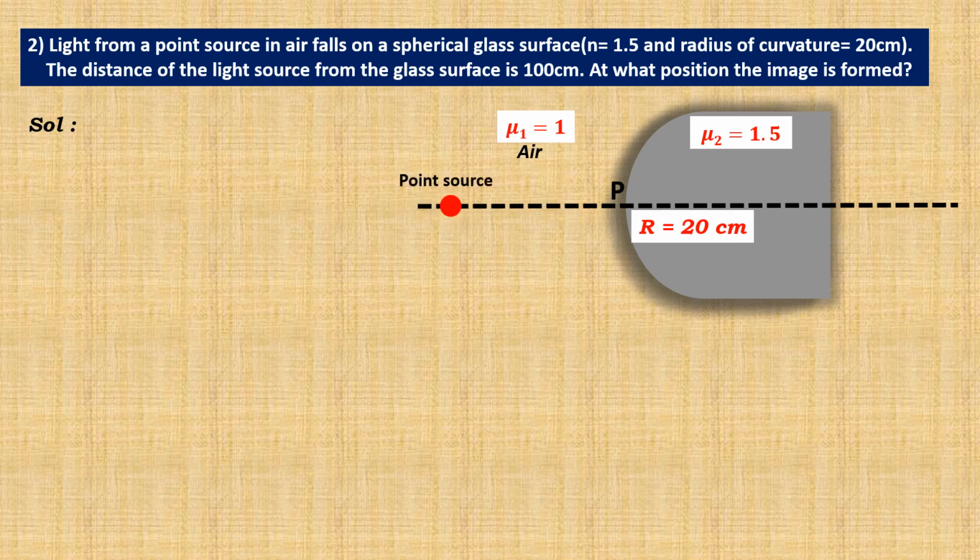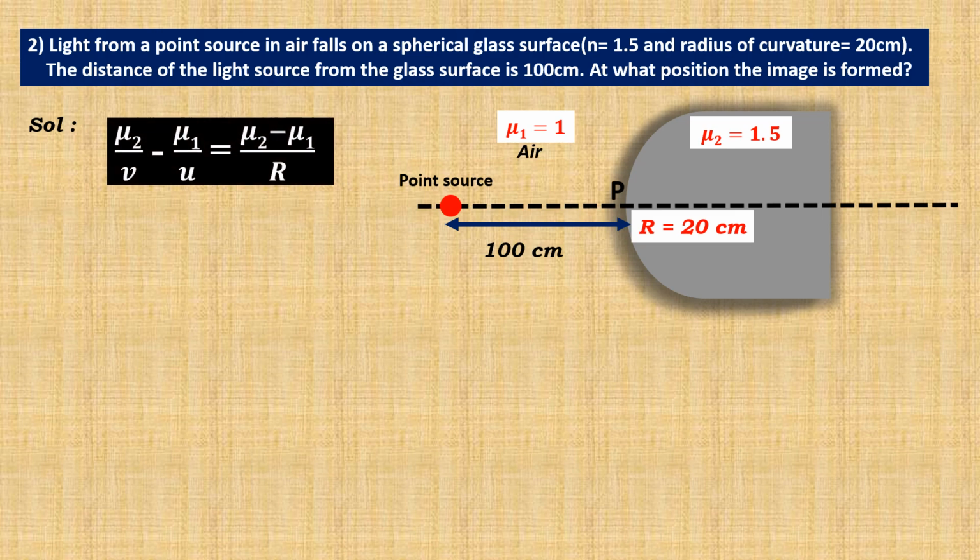This is the point source, and the distance of point source from the surface is 100 centimeters. Now we know the formula mu2 by V minus mu1 by U is equal to mu2 minus mu1 by R, and we also know the values. Mu1 is equal to 1, mu2 is equal to 1.5, R is equal to 20 centimeters.